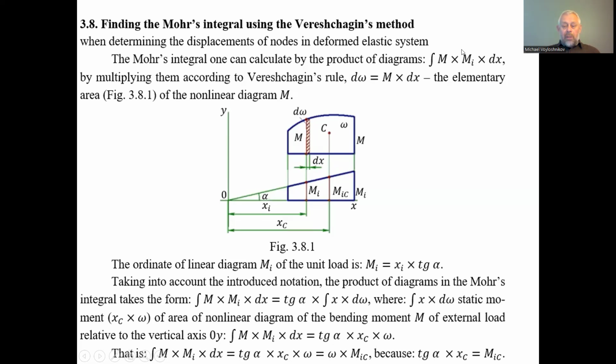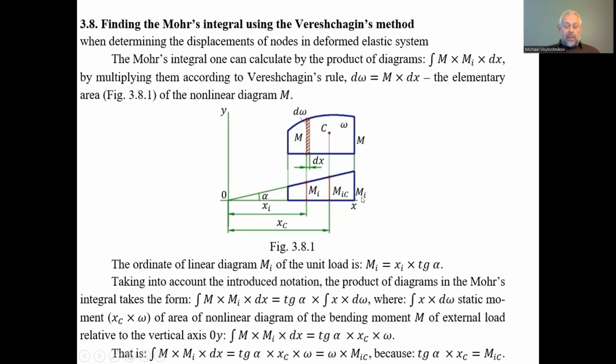It could usually be the diagram of the bending moment under the action of the unit effort. It can be a linear inclined distribution of the bending moment along the element of the mechanical system, or it can be an even distribution. It depends on the geometry of the mechanical system on which we have the load of unit force.